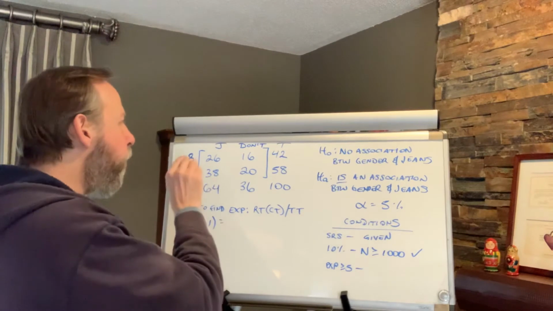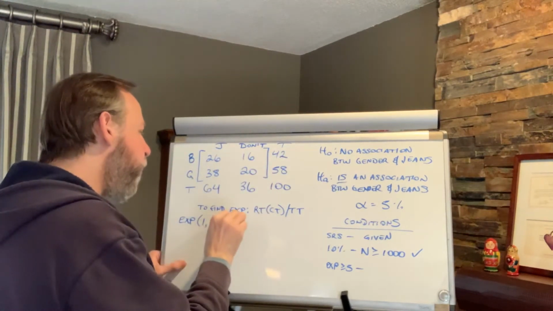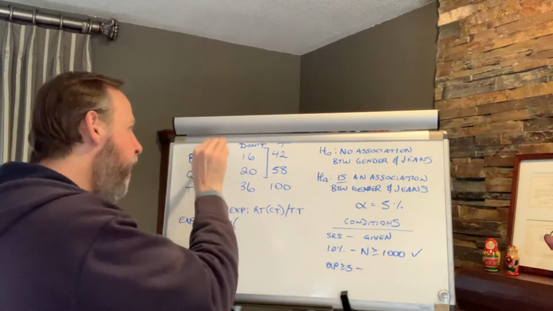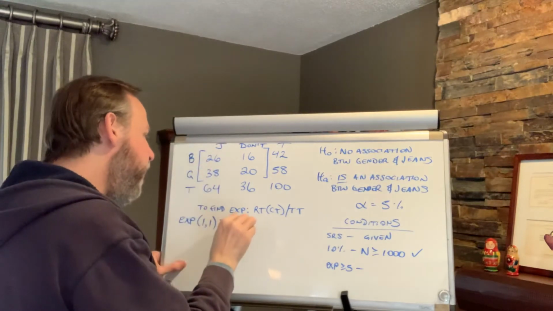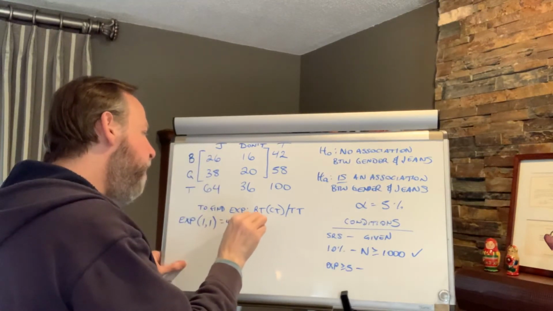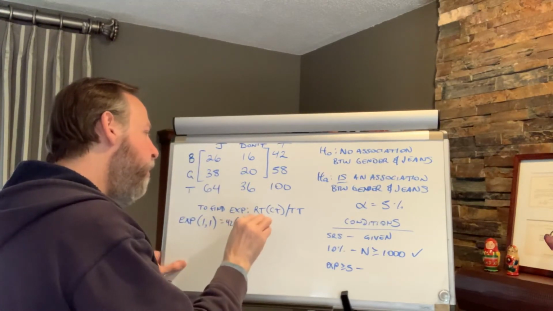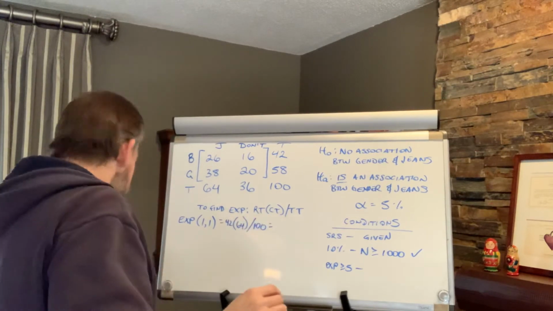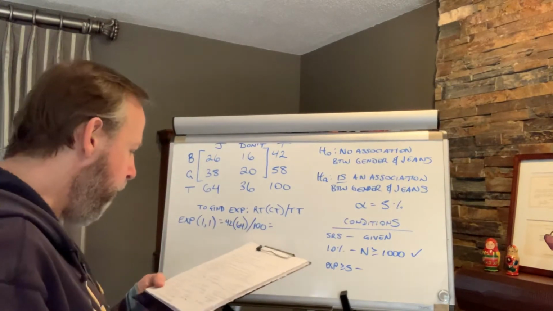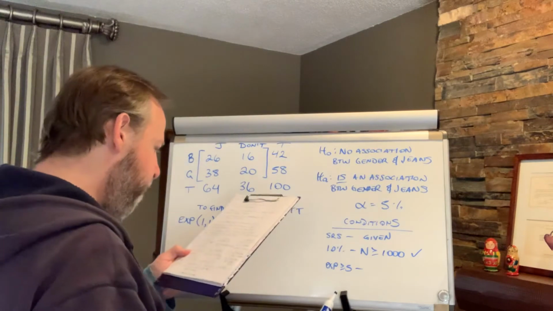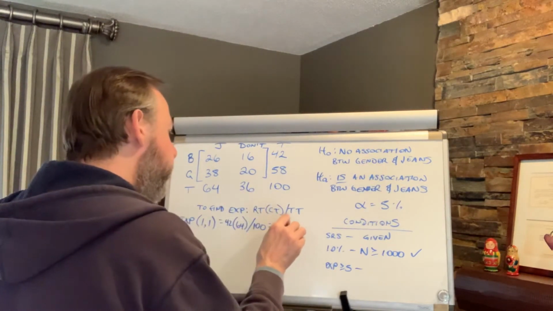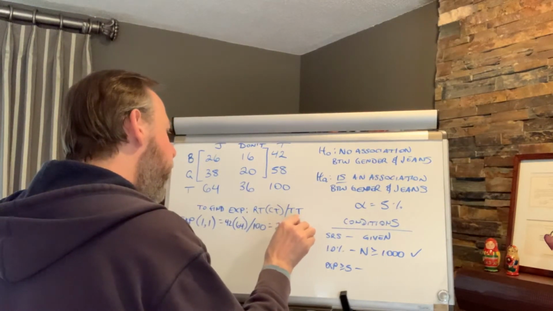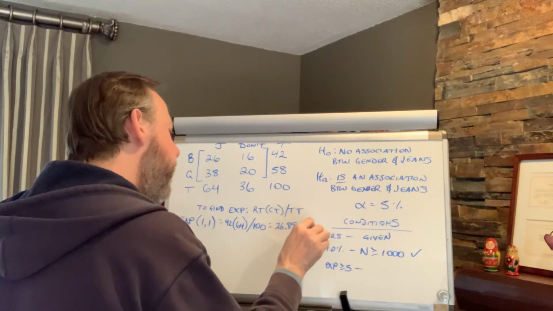So the row total for boys who wear jeans is 42, and the column total for boys who wear jeans is 64, divided by the table total was 100, and I get a value of 26.88. I'm going to do an ellipsis over here, dot, dot, dot.